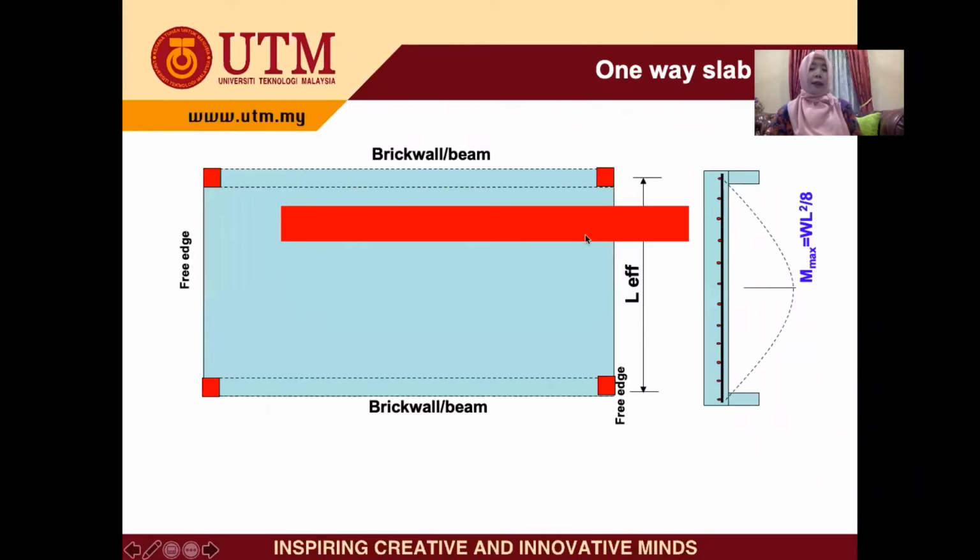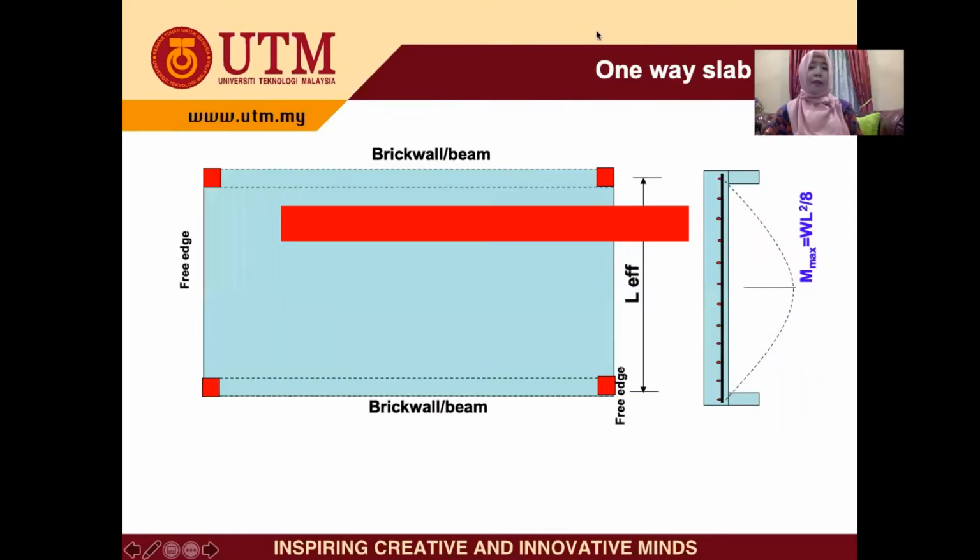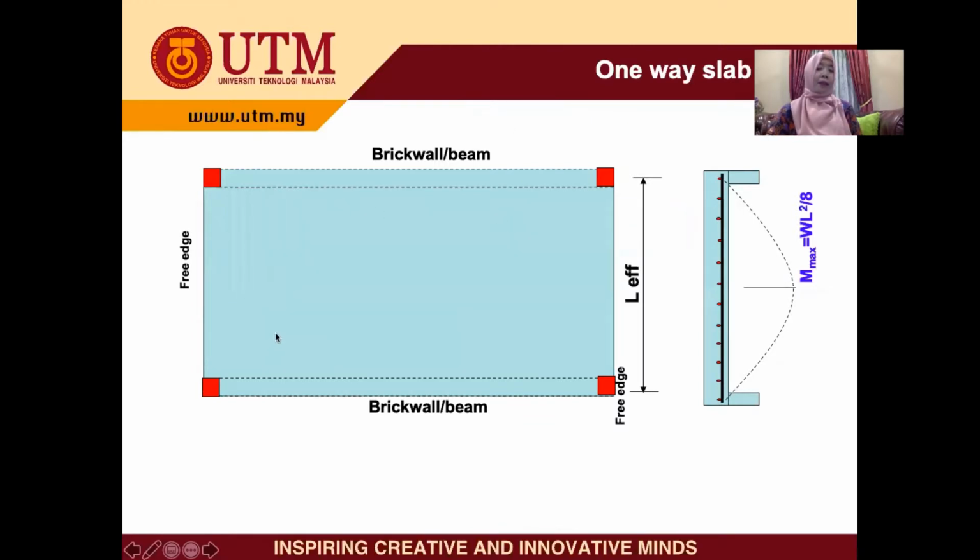Okay, now this is another one-way slab. The beams now are placed along the long direction, the longer side here. There is no beam here and no beam here; it's opposite. So we have this beam and this beam as supports for the slab.